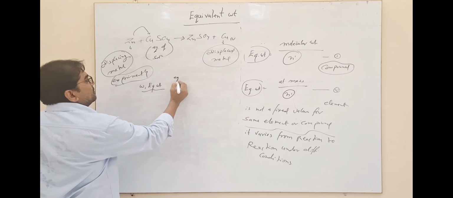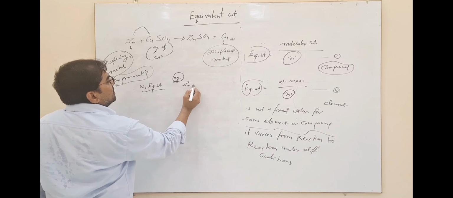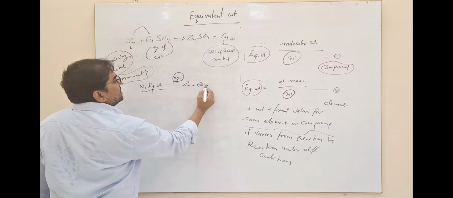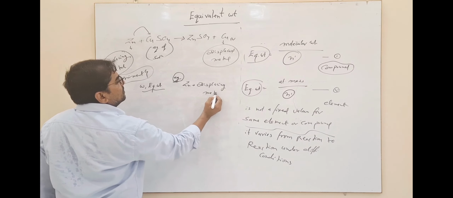For example, in the given equation, zinc is the displacing metal.